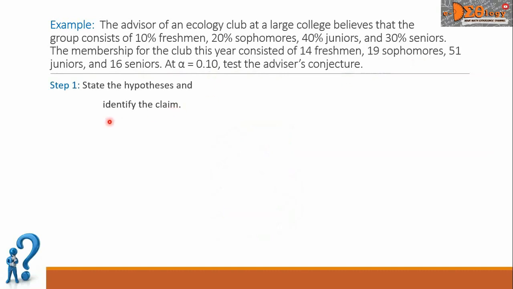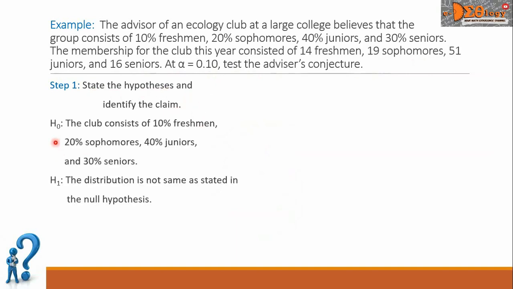For our step 1, we state the hypotheses and identify the claim. We write the null hypothesis as H sub 0, colon, the club consists of 10% freshmen, 20% sophomores, 40% juniors, and 30% seniors.